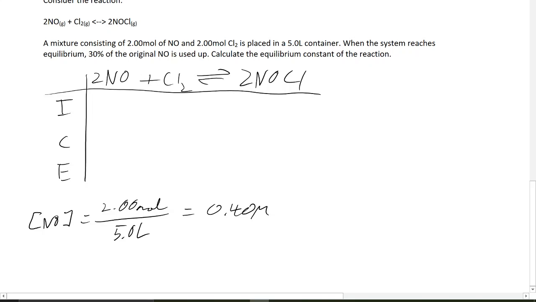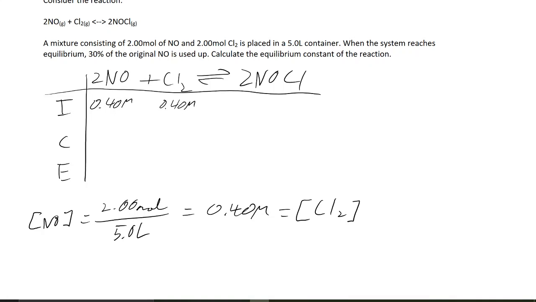Since Cl2 has the same amount of moles in the same container, it has the same concentration. So they're both 0.40 molar at initial. Also, if there's a species in the reaction that isn't mentioned in the question, like NOCl, then that means it has no concentration.